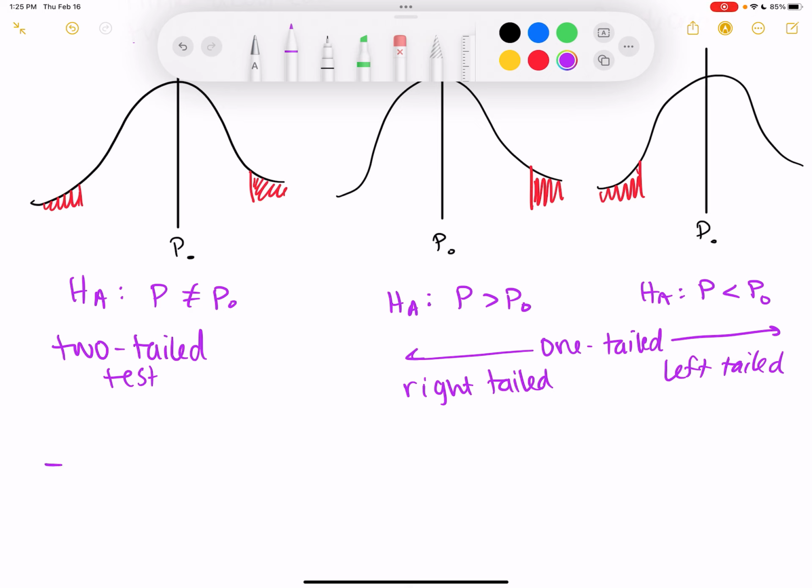So then just a note about this, a one-tailed test will reject the null hypothesis more often.